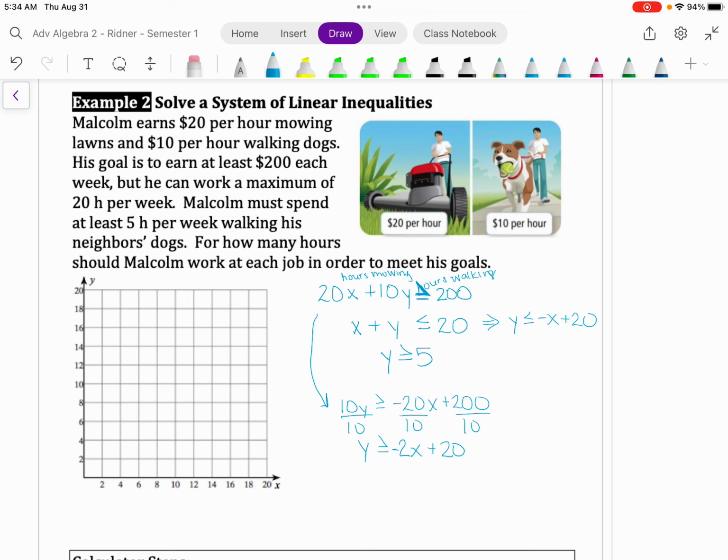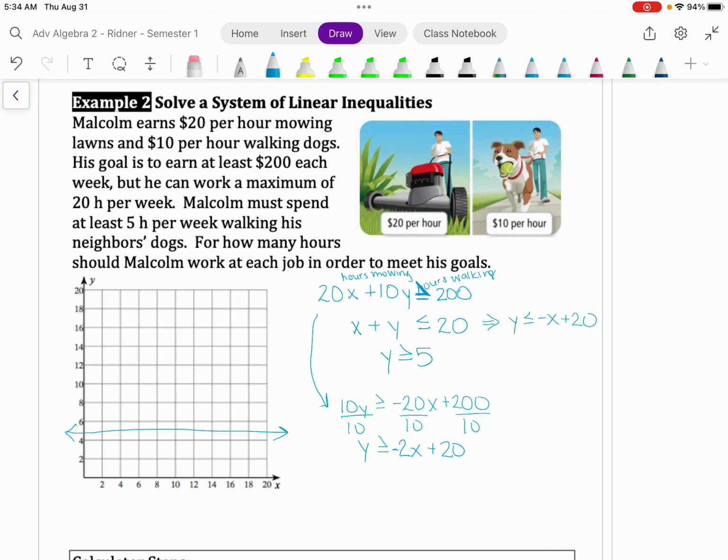Y is greater than or equal to 5 is a horizontal line at 5. Alright, and then we have a max time of 20 hours per week, so we can put that as well. So Y must also be less than or equal to 20. Actually, that part's not necessary because our graphing is going to take care of that. I'll show you.